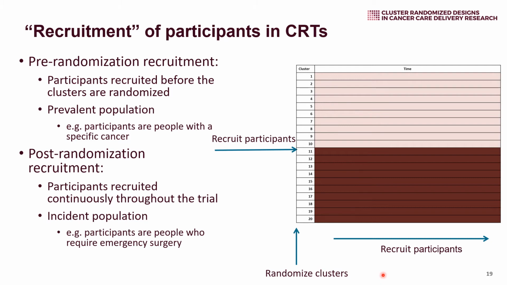So for example, if the eligibility criteria are participants who require some sort of emergency surgery, those participants who meet the eligibility criteria won't be available before the study starts. They will become eligible and become available as the study progresses.